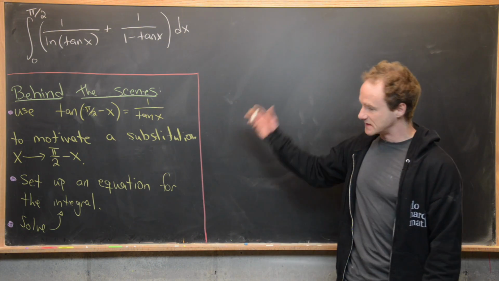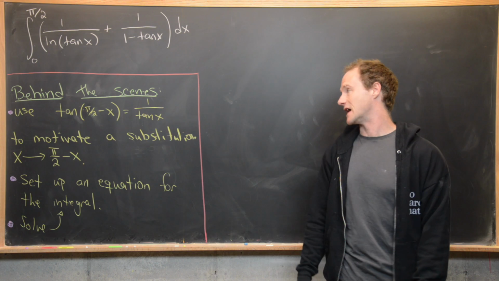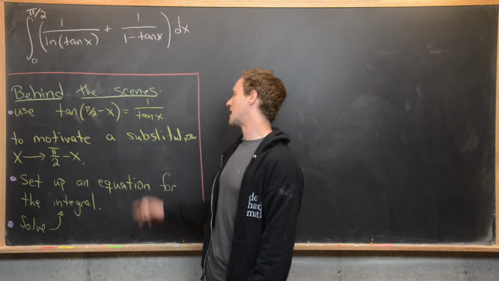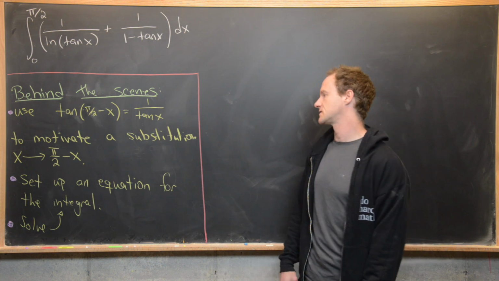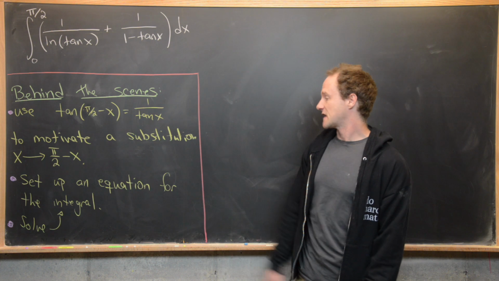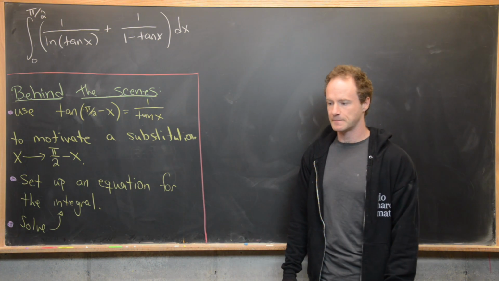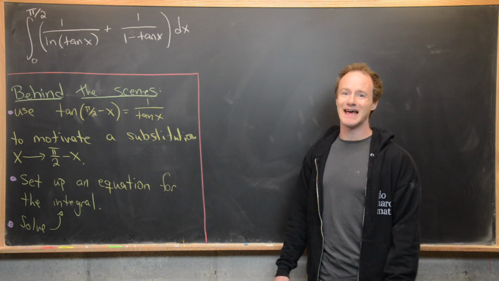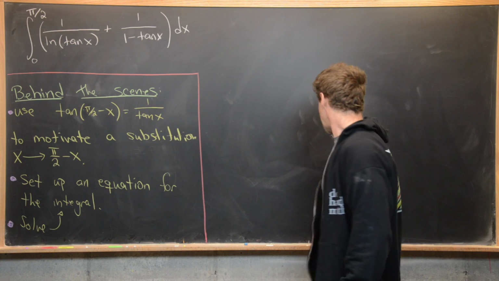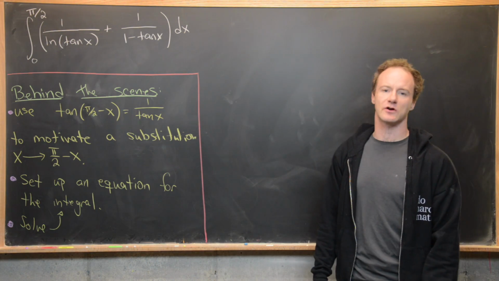Whereas a standard solution of this would involve these kind of behind the scenes steps of using this tangent identity, tangent of pi over 2 minus x equals 1 over tangent of x, motivating a substitution from this identity, setting up an equation for the integral and solving, I think a much more aesthetic solution just starts at our goal and ends at the value of our goal without setting up an equation for an integral or anything like that.